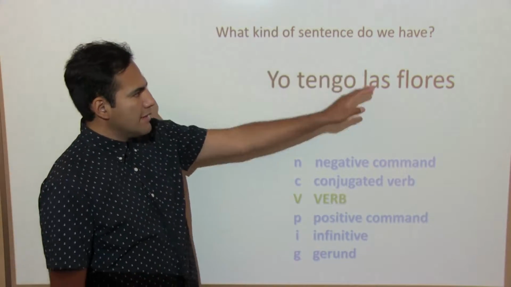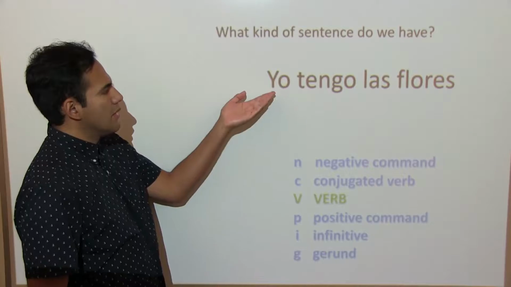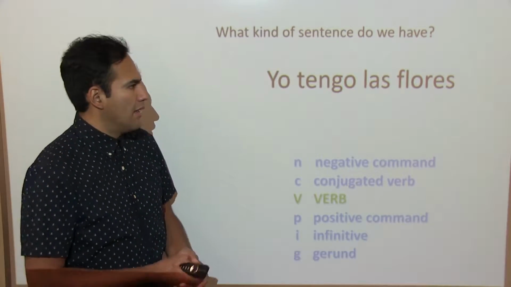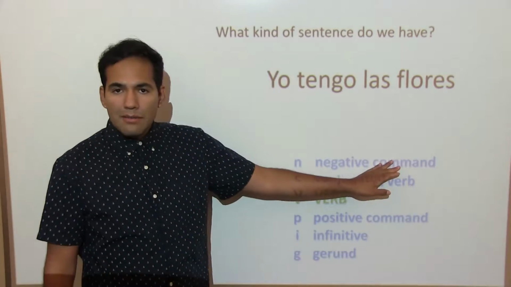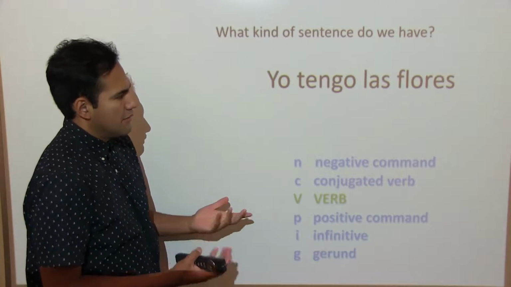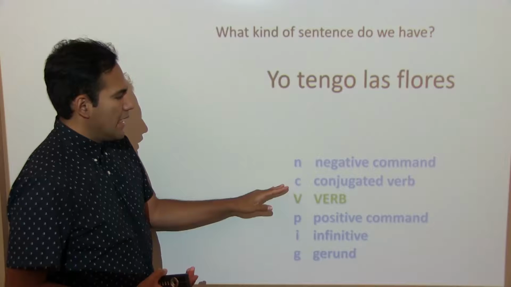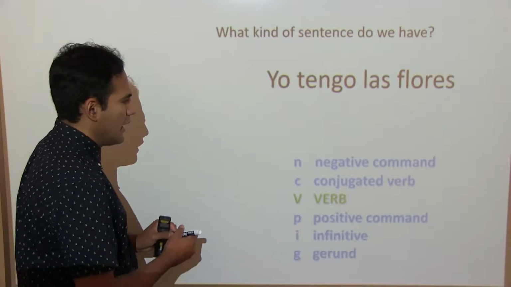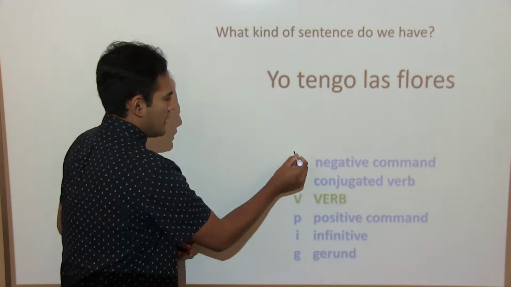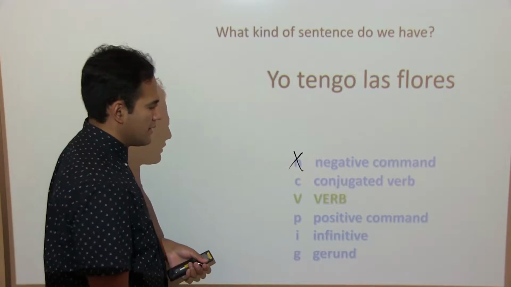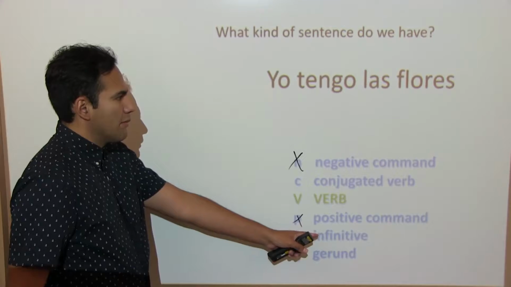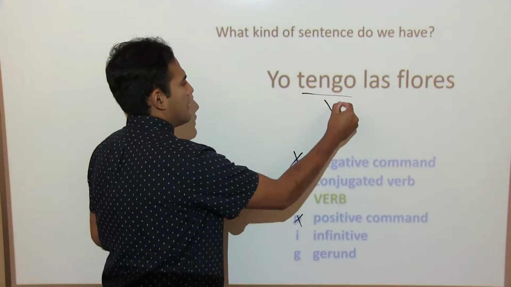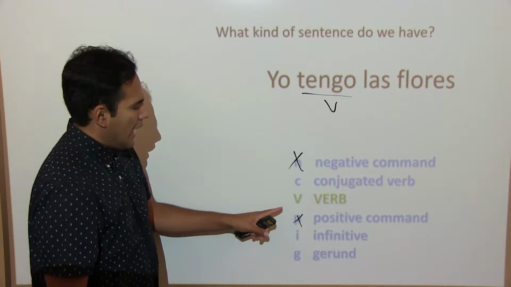For example, what kind of sentence do we have here? This one, yo tengo las flores. It's not a command, so it's not a negative command, right? Because we don't have a negative construction. It's also not a positive command, so let's just eliminate. This is our verb, right? So that's what we have to find first.